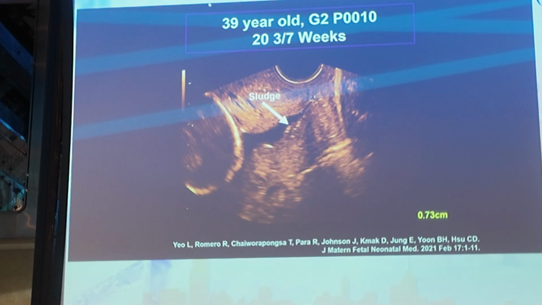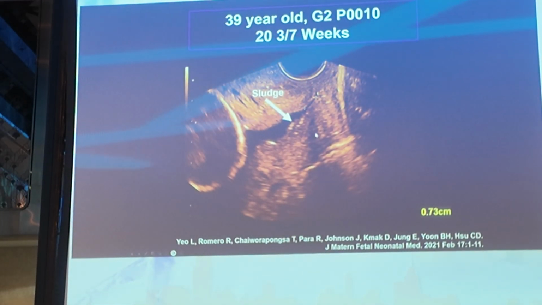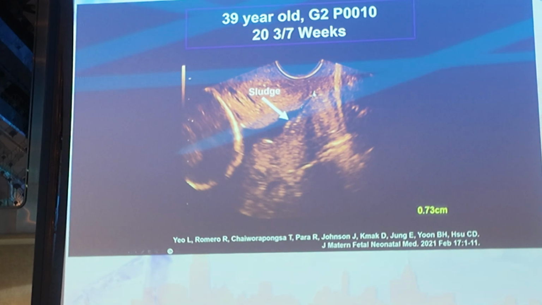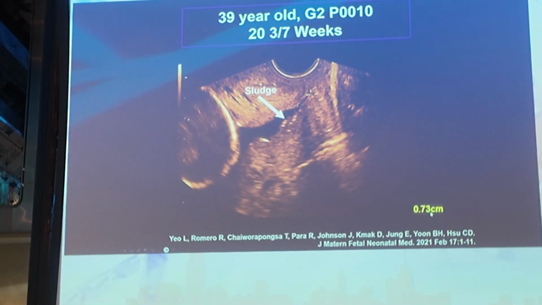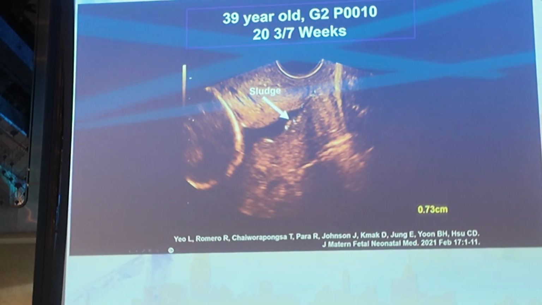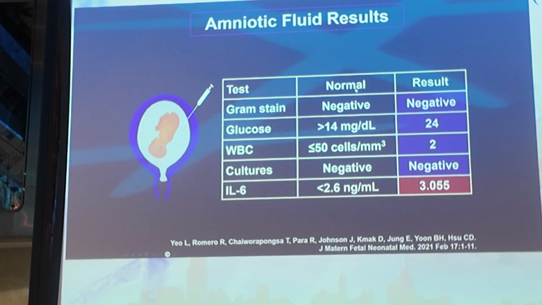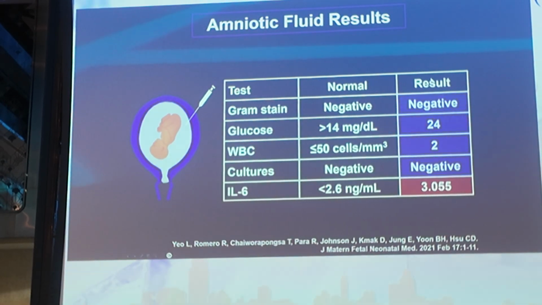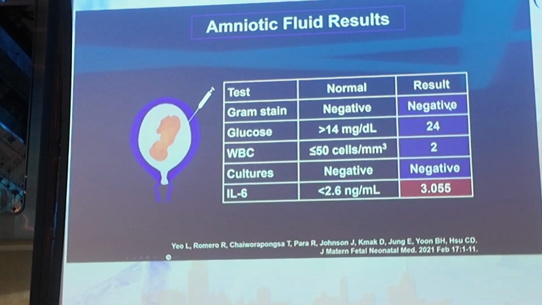This is a 39-year-old patient who presents at 29 weeks of gestation and has a short cervix, 0.7 centimeters. And this patient had this particulate matter here. We did an amniocentesis. These are normal values. The patient had a negative amniotic fluid Gram stain, so no bacteria visible.